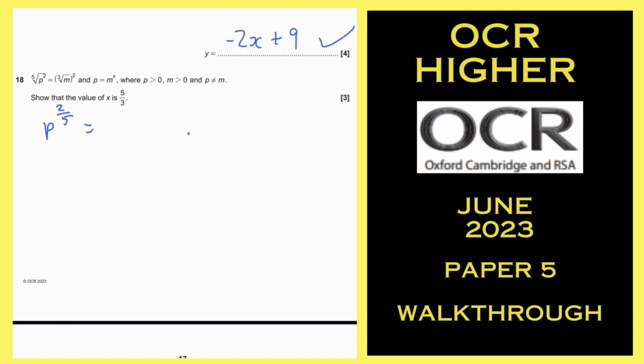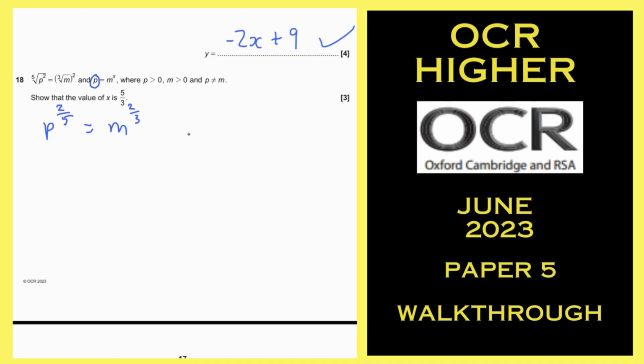And the m I'm going to replace as m to the power of the 3 on the bottom, so the 2 on the top. There we go. And we're being told that p equals m to the x. What's the clue? We want normal p on its own. We don't want p to the power of 2/5.